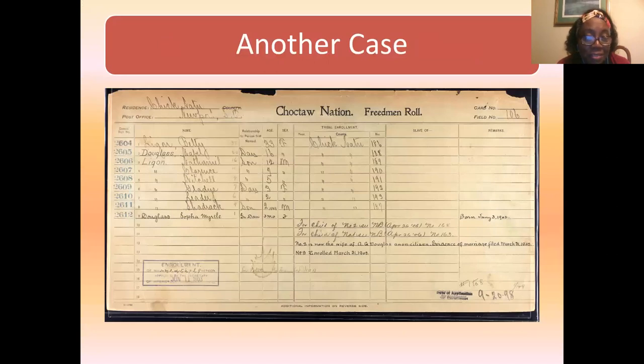Here's another case. Many of you have probably heard the case of Betty Ligon. She, of course, was the head litigant in Equity Case 7071. And many people know that she was Choctaw on the records, but her father was an individual who was Chickasaw.